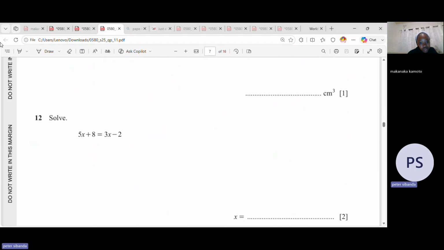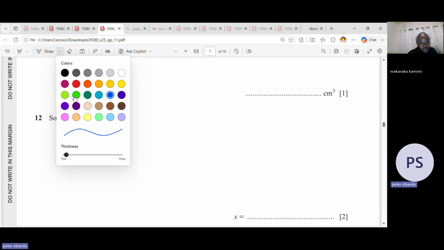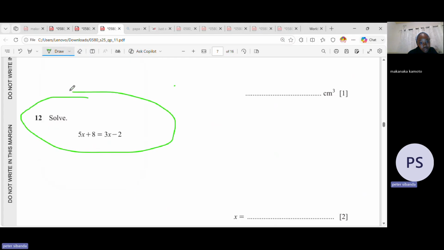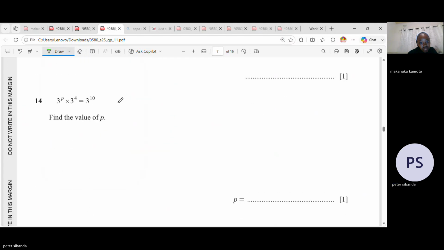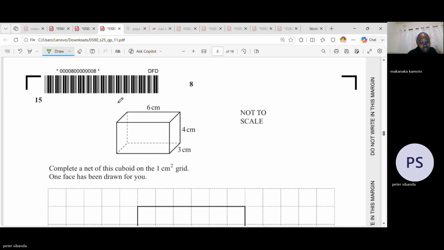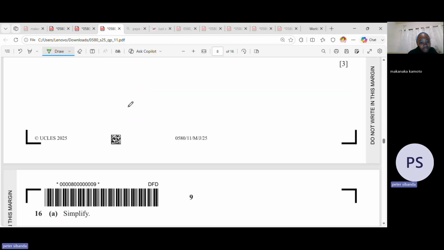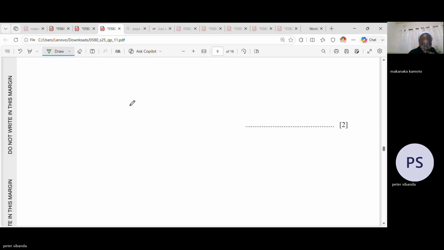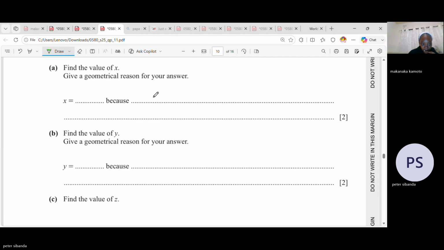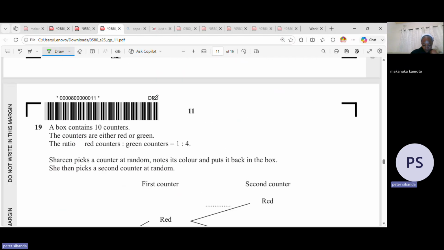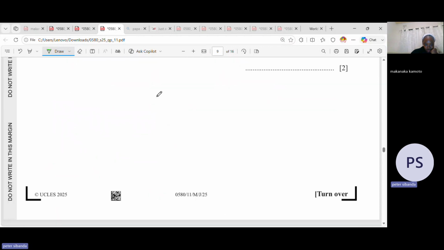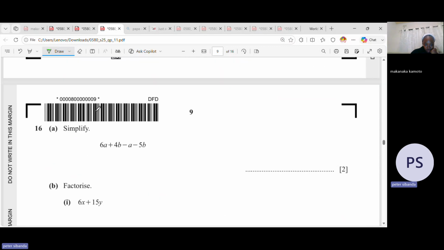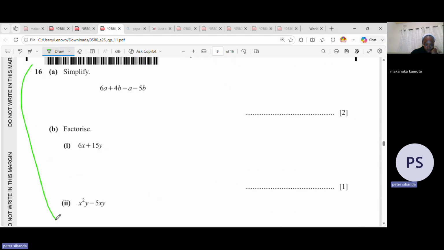Oh, there is another equation. We shall come back to it. It's not subject of formula. I think we should just do factorization at the same time with this solving of equations. So we shall deal with this as well.